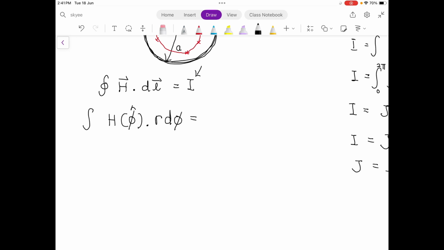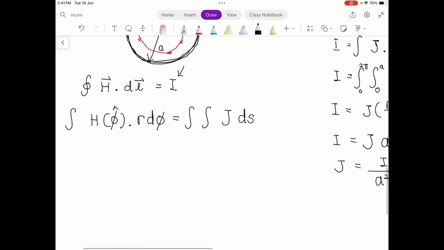For the right-hand side, we integrate the current density J ds, and the ds here is r dr dphi. I forgot to put the phi. The phi goes from 0 to 2 pi on both sides.